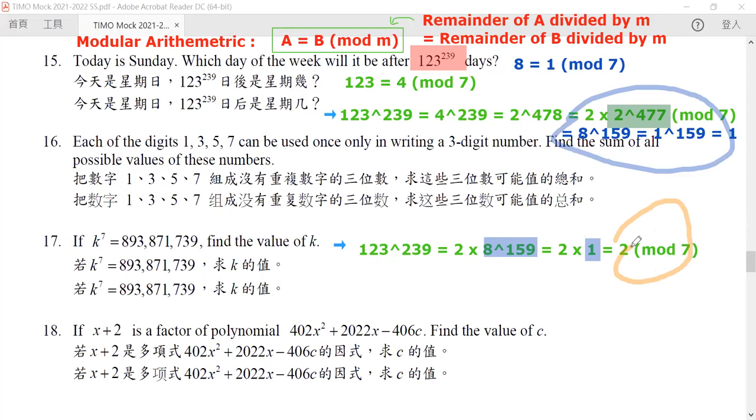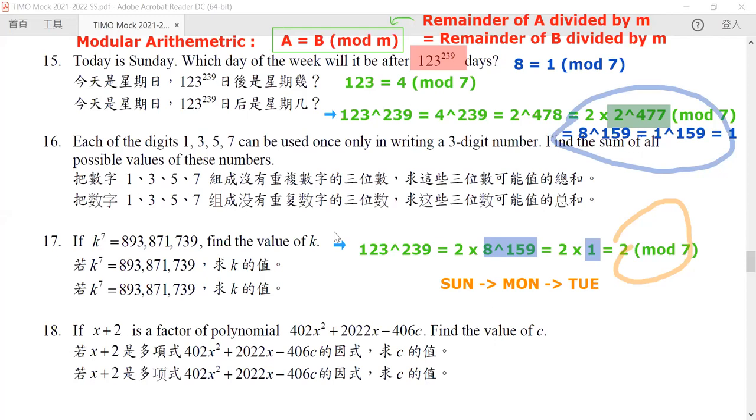But is this our answer? Is this truly our answer? No. We only know that the remainder is 2. We still need to do the important job, which is we transfer from Sunday and then we consider 2 days later. So the answer should be Tuesday.